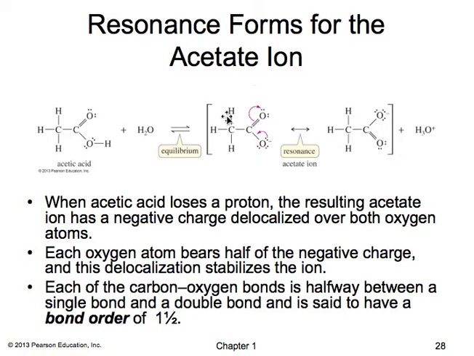So here's one resonance form in which this oxygen on the bottom has a negative charge. Now the electrons are being pushed to form a new double bond here, and the single bond of that double bond breaks to push the electrons out to this oxygen, so that you have this oxygen now having the negative charge. These are equivalent resonance forms, plus hydronium ion.